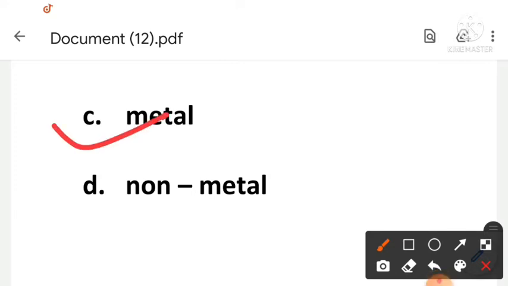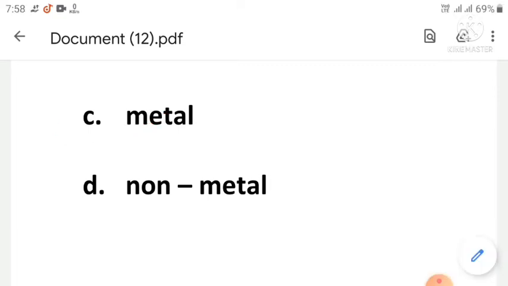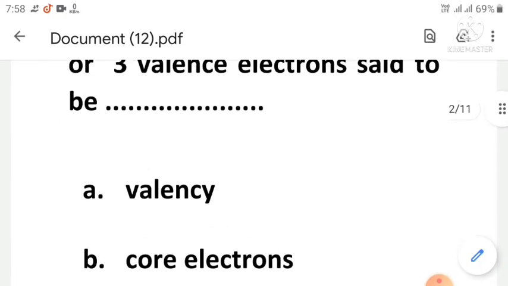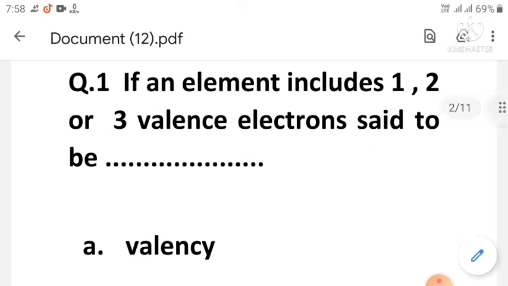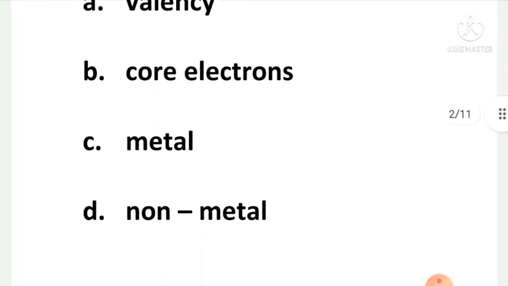Here metal is the correct answer. If any element includes 1, 2 or 3 valence electrons, then it is said to be metal. Now we see the next question.